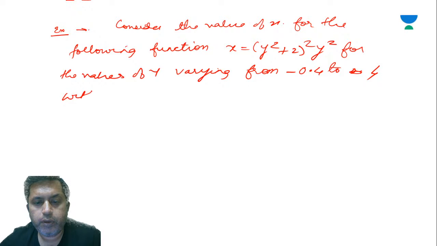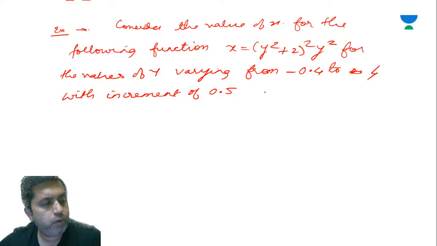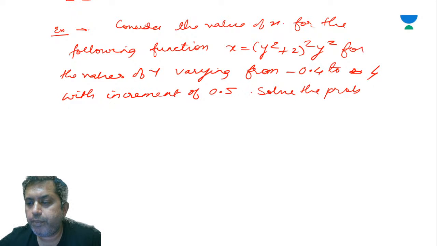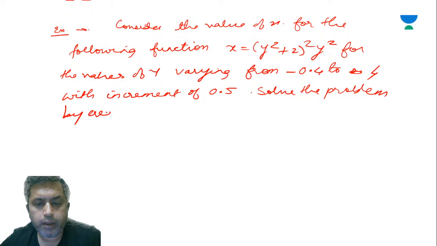With an increment of 0.5. Solve the problem by creating a vector of y.